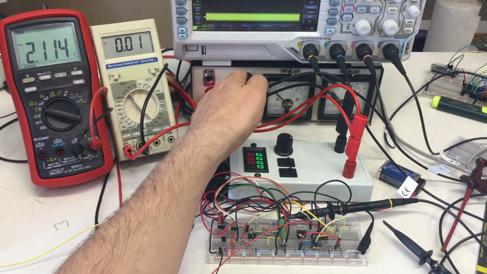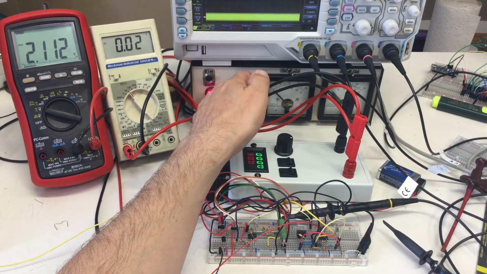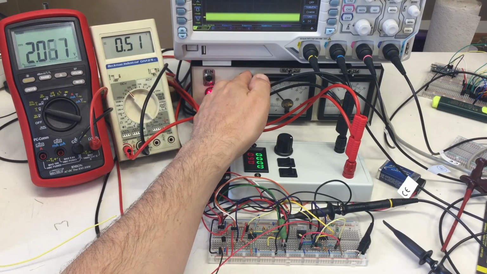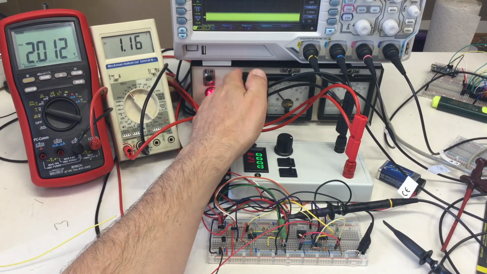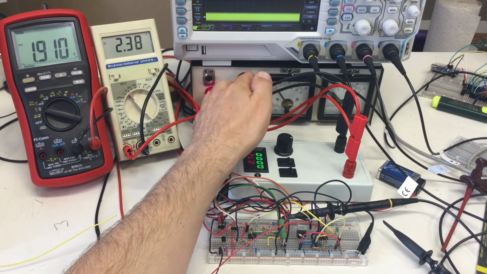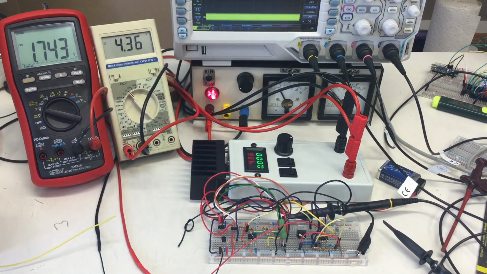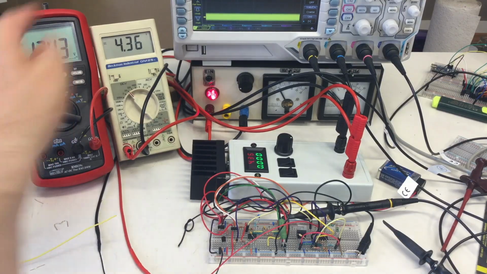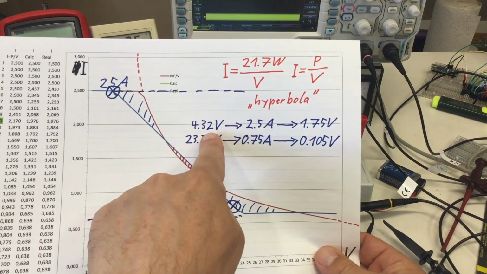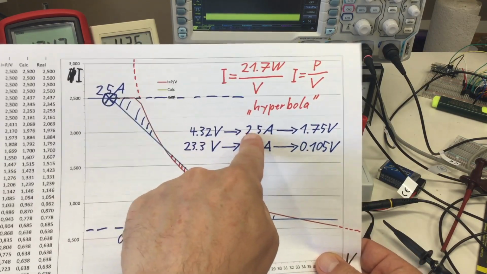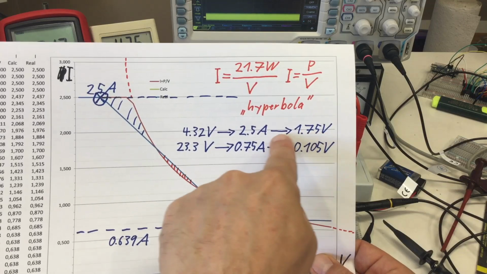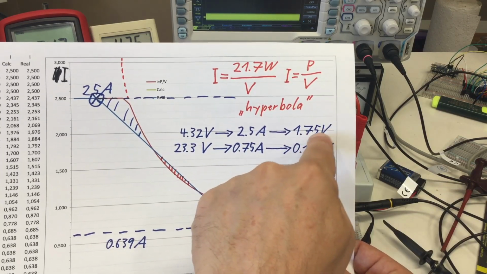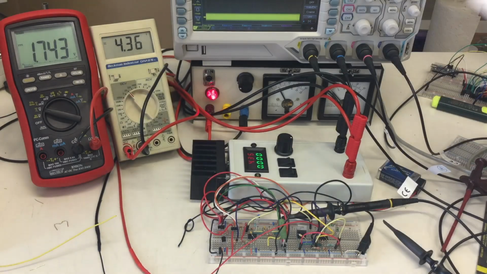And if I go up to 4.3 volts, let's see, it's falling to 1.74 volts, which was exactly, at 4.3 volts, 2.5 amps, and that means I need 1.75 volts at the output of the op-amp.